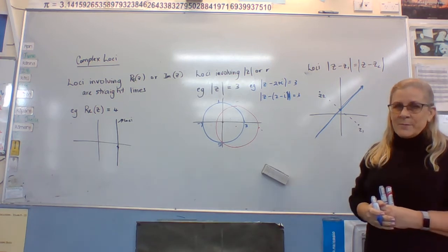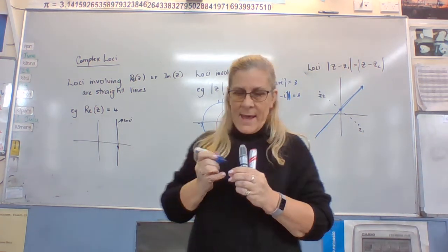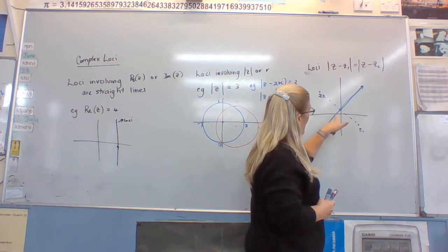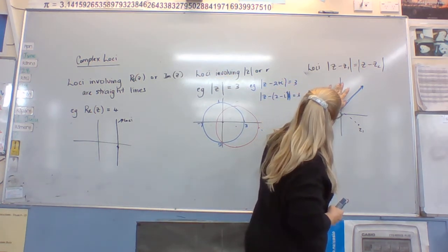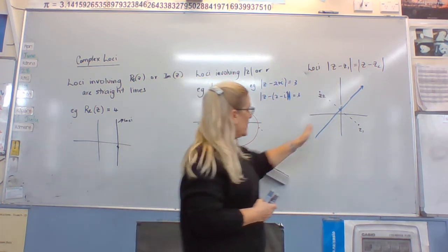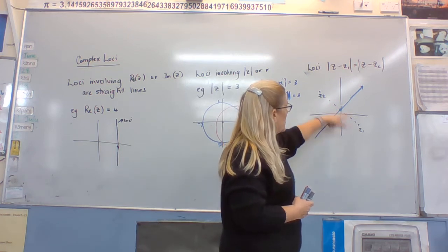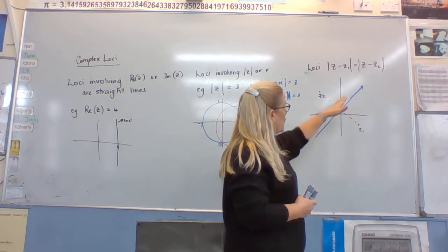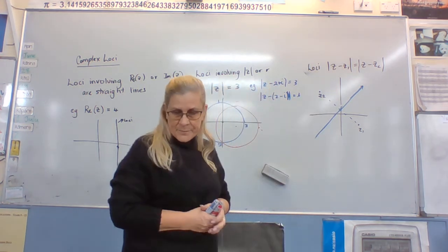All right? So we might have to find the gradient of this line and so on. We might need to find out what the midpoint between those 2 points is, so average them, and then find the gradient of these 2 lines.